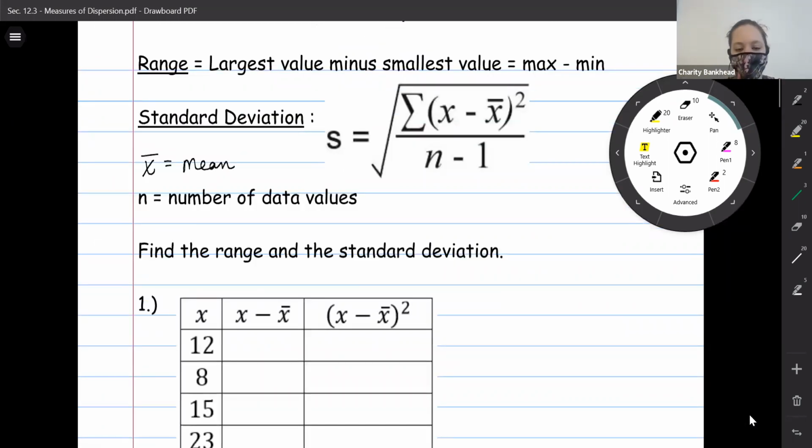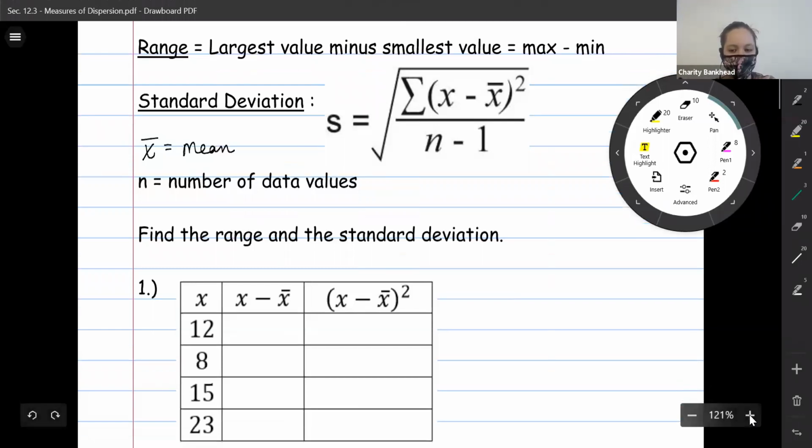The X with a line over it, I read that as X bar, which means it represents the mean.